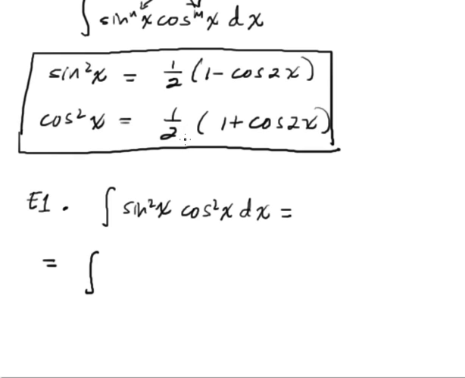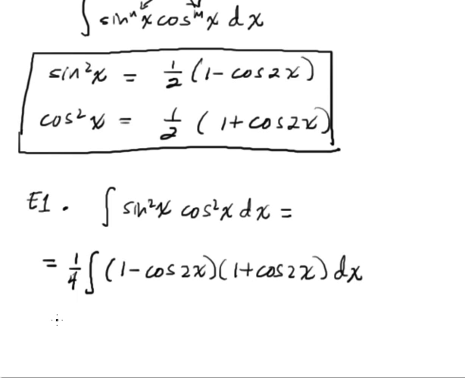We'll have this times this, and the 1/2 times the 1/2 is 1/4, which I'll put on the outside. So here I'll have 1 minus cos 2x times 1 plus cos 2x dx. Multiplying that out, we have 1 minus cos squared 2x dx.